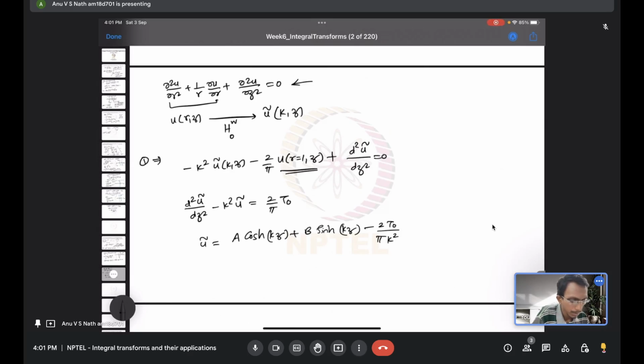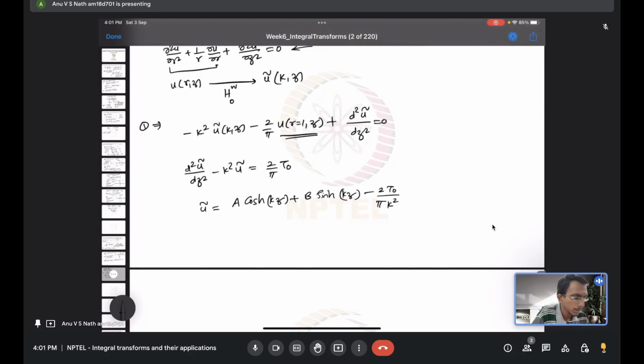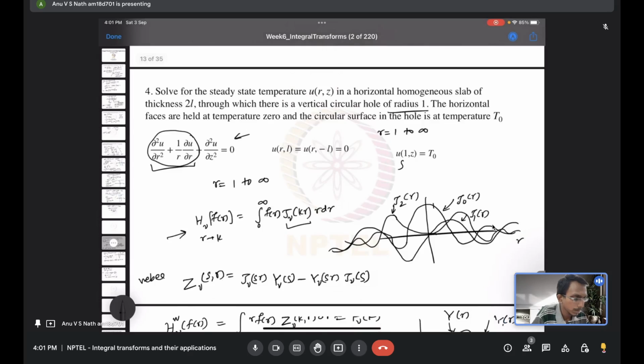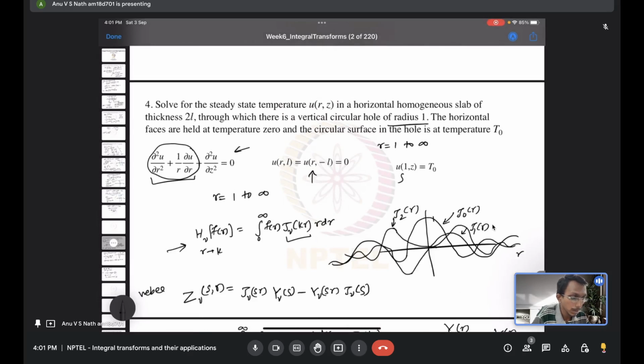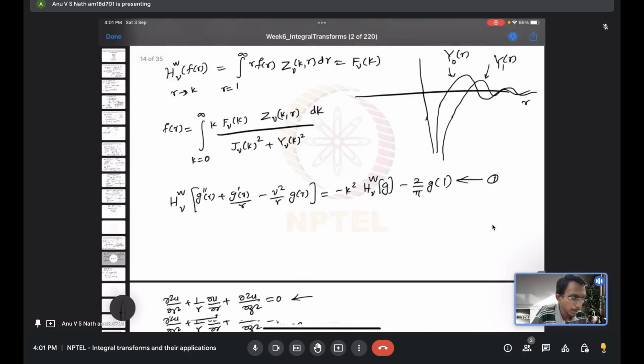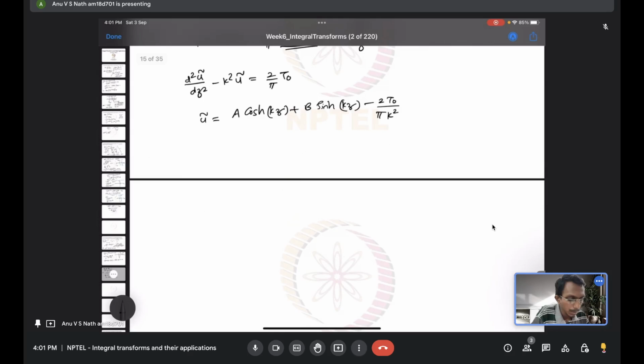Yeah. Now you need to apply the remaining boundary conditions, which are these two at z equal to plus l and z equal to minus l. You can apply these boundary conditions, and you'll find that the solution will be u tilde equal to 2T0 by pi k square times cosh kz divided by cosh kl minus 1.